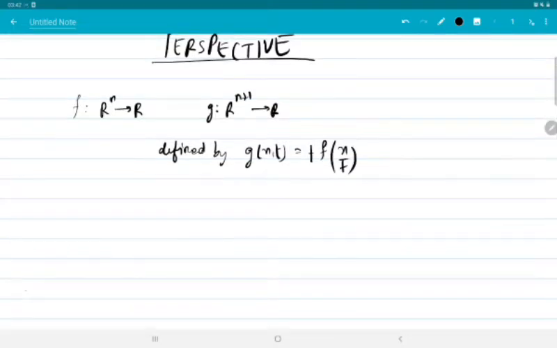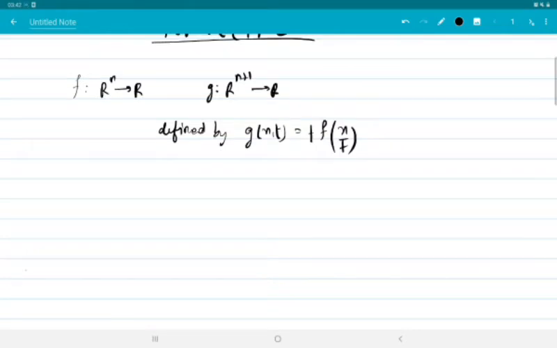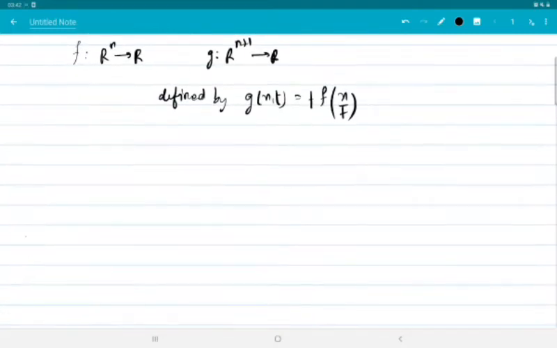So what is essentially being done is, x is the variable, so we scale the independent variable, then we act the function on it, and then we multiply it by t. So it is a weird non-linear transformation happening, and we saw that the property which this thing holds is it preserves convexity.